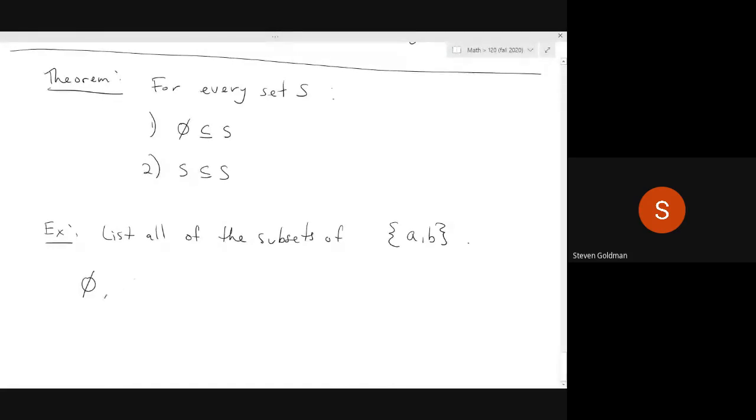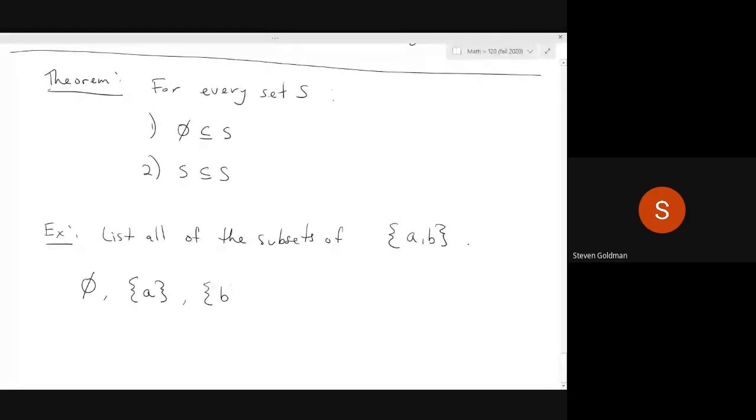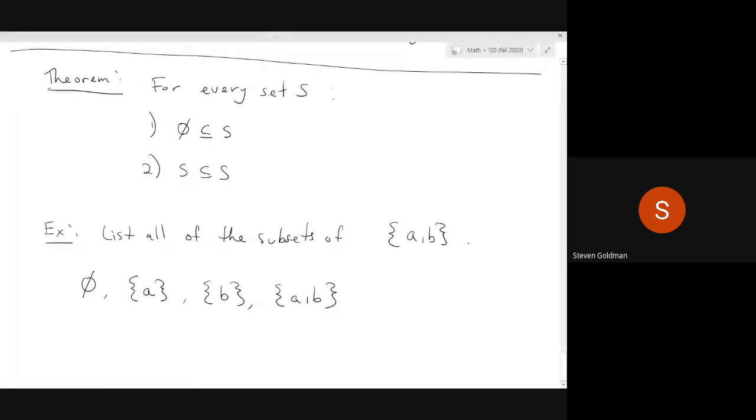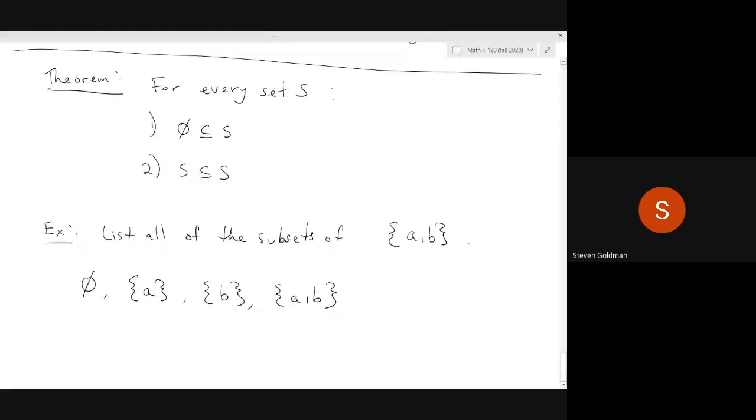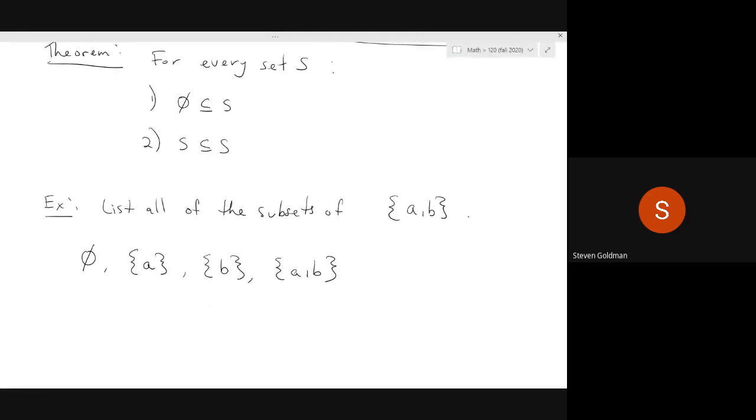Also, the set containing the letter A is a subset, the set containing the letter B, and then the set itself. So altogether, there are 4 subsets of this set. Thank you, Afshana. Those would be all the subsets.